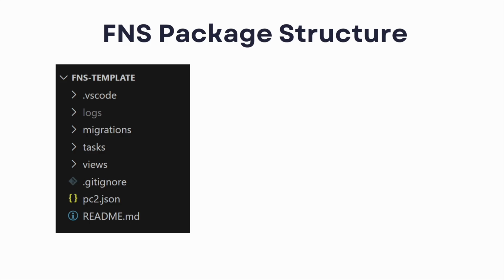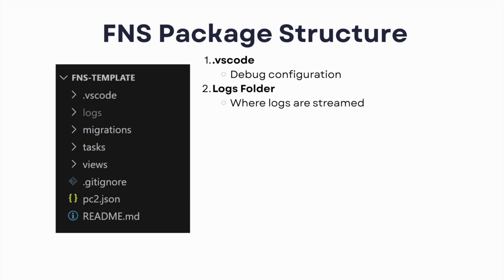There are 5 main directories within an FNS package: VS Code, Logs, Migrations, Tasks, and Views. The VS Code folder contains your debug configuration for local testing in VS Code. The Logs folder contains all of your real-time log streams from your app.